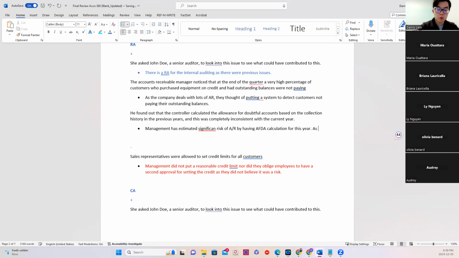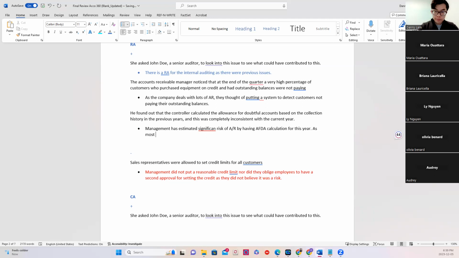And as most transactions are on credit, management has identified a certain risk to the AR account.